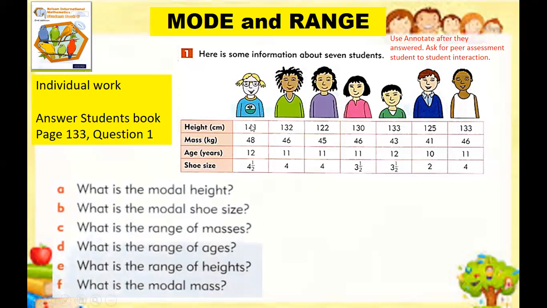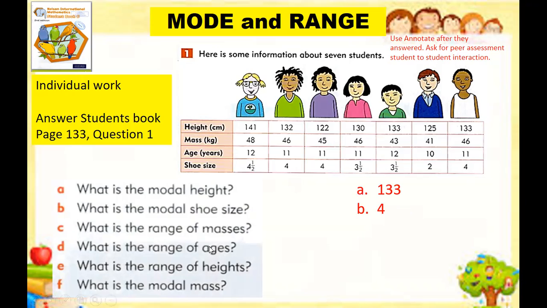So you can see here in the height, modal height, 141, 132, 122, 130, 133, 125, and 133. So which one is the height that has been repeated the most? Yes, 133. Okay. Now, what is the modal shoe size? Let's see. 4.5, 4, 4, 3.5, 3.5, 2, and 4. So it is 4. Okay. Complete it, please.